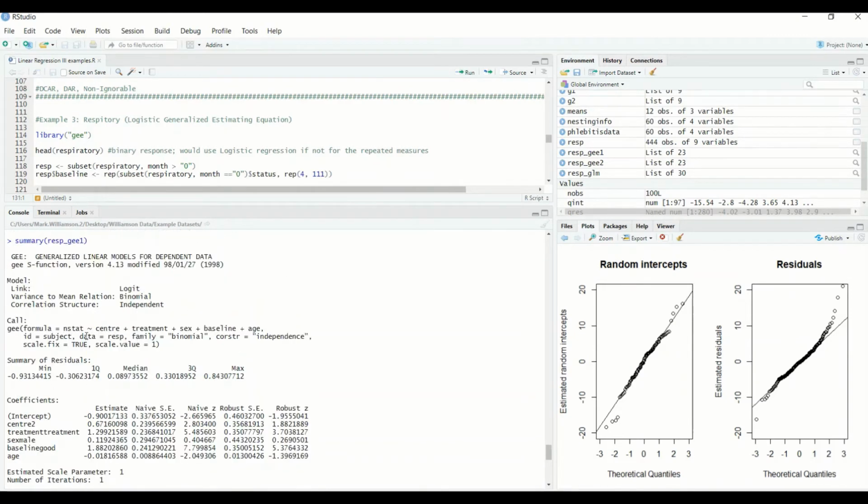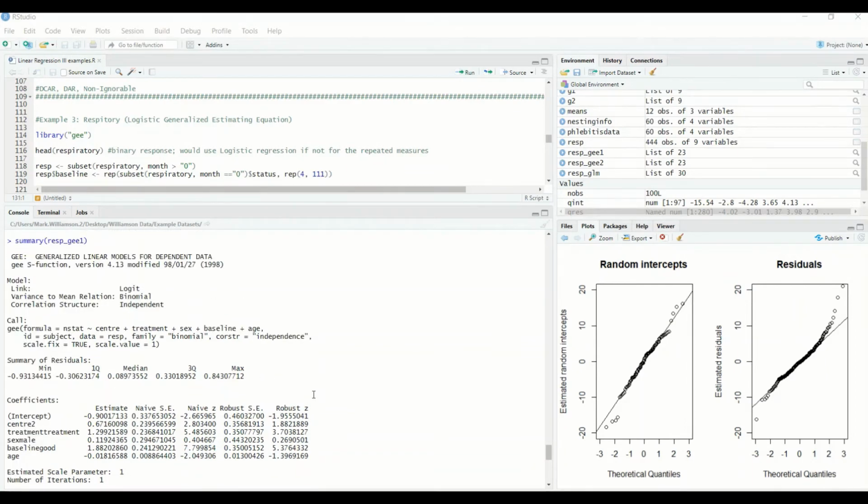So what's actually going on with the generalized estimating equation that goes above and beyond the GLM is that your standard errors are going to be off if you don't account for the correlation between your measurements across time. So what the GEE does is use this thing called a sandwich estimator to estimate those.